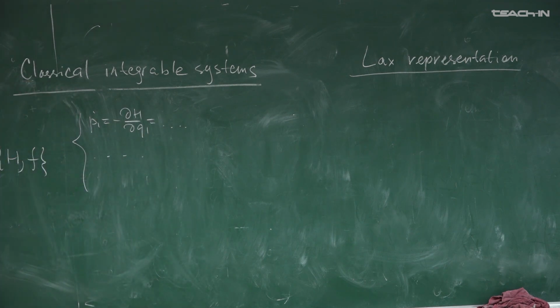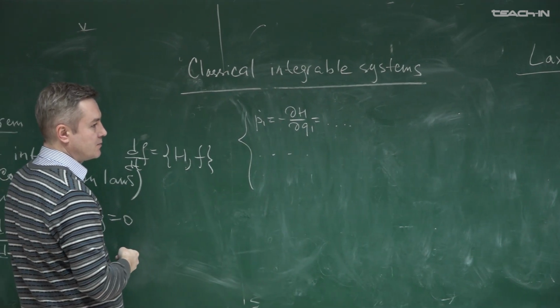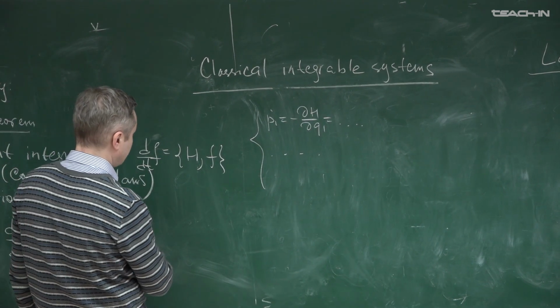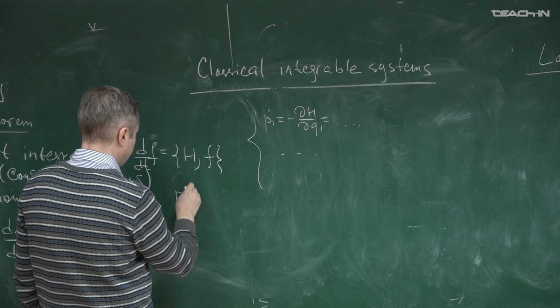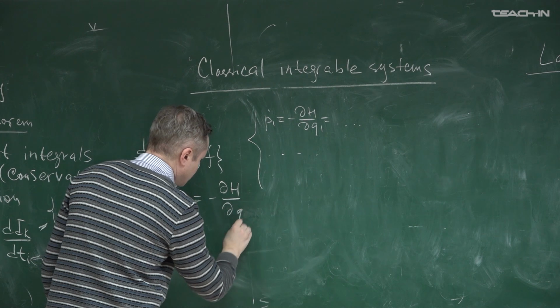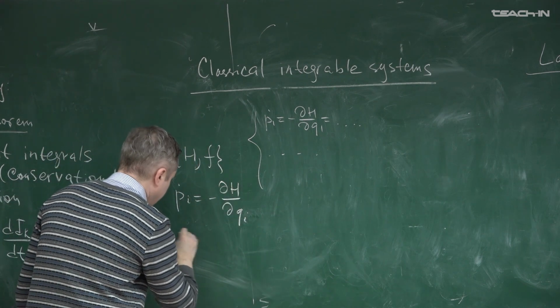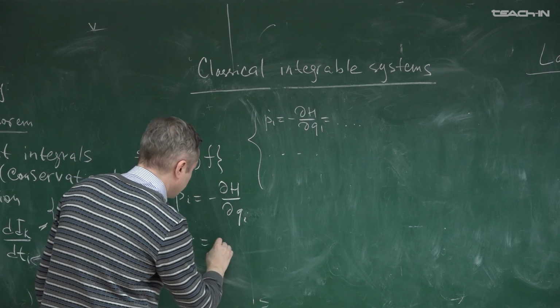Yes, we may just write explicitly Hamiltonian equations of motion. In the case of canonical Poisson bracket, they have the form, and so you just need to choose the Hamiltonian function, and then write down 2n equations of motion.